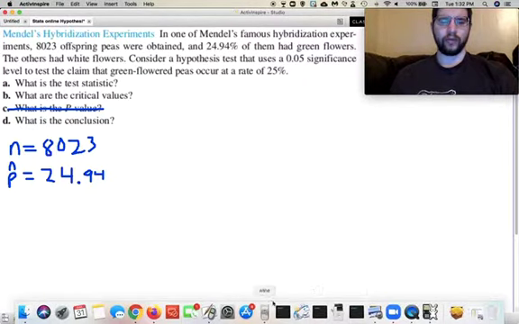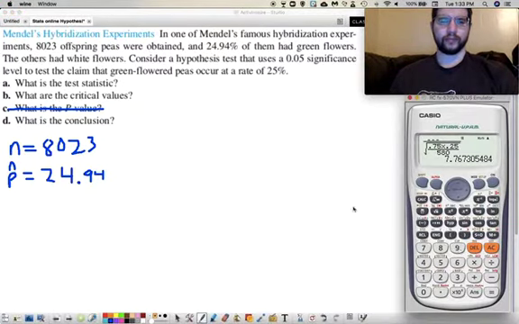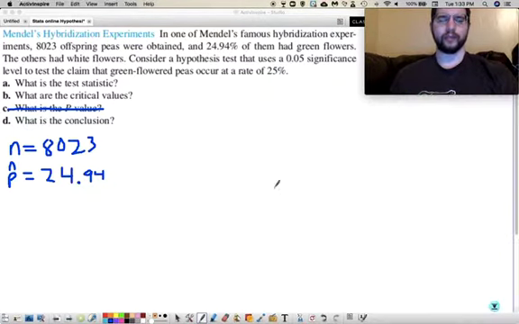Let's just see if we can write that as a number over 8,023. If we can't, we're going to have to round on the TI. And we need a percentage. So we're going to have to round on the TI to 2001 over 8,023. We'll get there in a bit, though. So there's P hat, there's N.